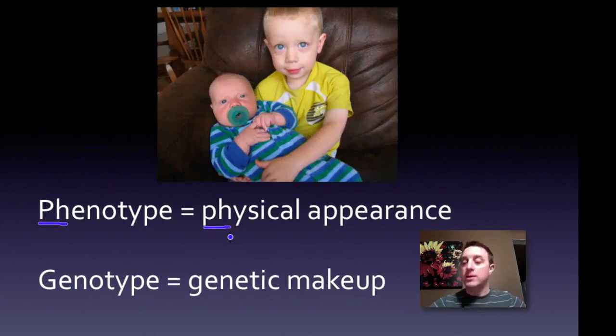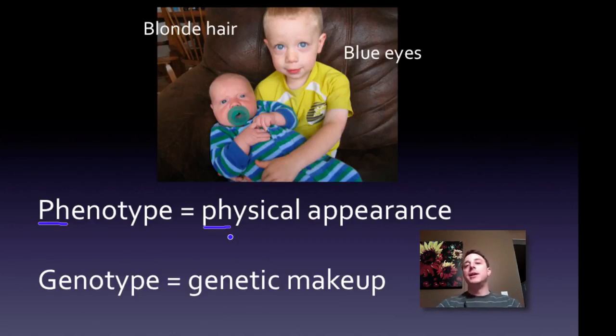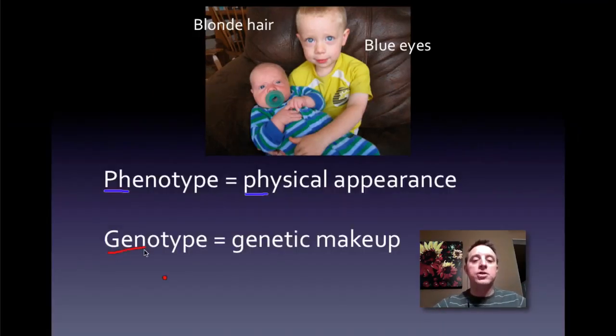So here, for example, blonde hair, blue eyes. That is the phenotype of these amazing little boys. Whereas the genotype, okay, genotype refers to the genetic makeup.